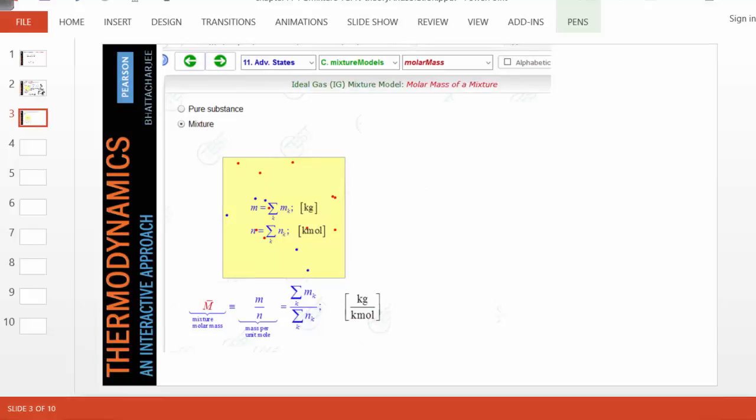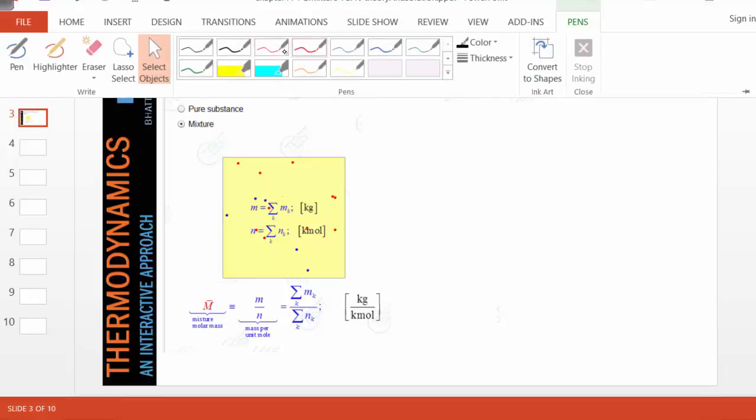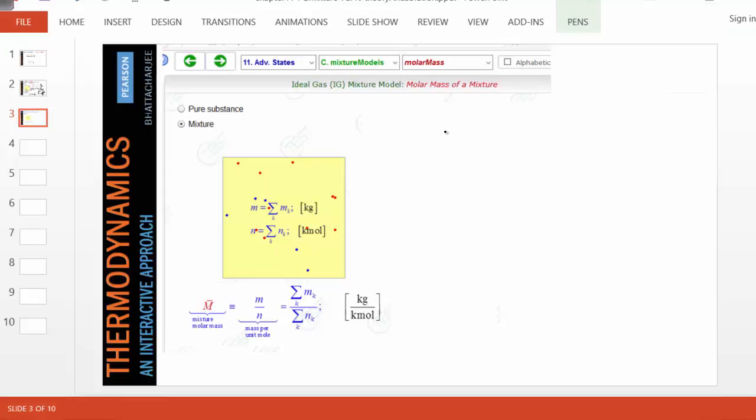So if I have a mixture which may have different kinds of molecules in it, the total mass we'll just call M, and a given component we might describe as Mk.